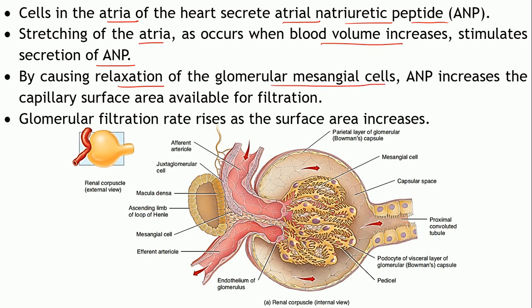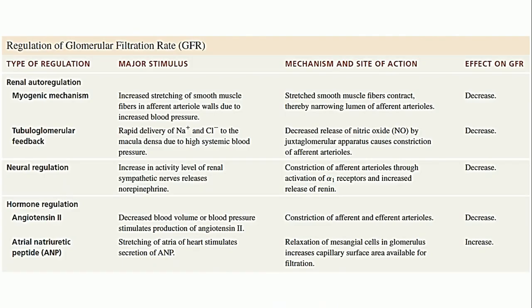Remember mesangial cells which are present in between the blood vessels. So by causing relaxation of these cells, it increases the surface area of these capillaries which is available for filtration. Now, as the filtration area increases, what will happen to your glomerular filtration? Obviously, it will increase, right? So as a result of this, it will increase the urine output. Okay, glomerular filtration rate will be increased.